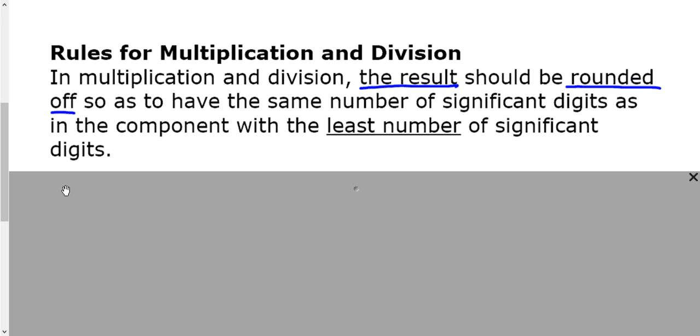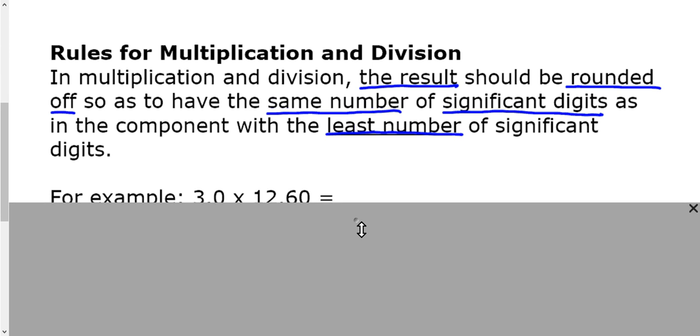It's going to be rounded so that it has the same number of significant digits as the measurement that has the least number of significant digits given in the problem. Whichever number is the least accurate, that's going to have the fewest significant digits, we have to count them, and then our final answer is going to be rounded to that number of significant digits.